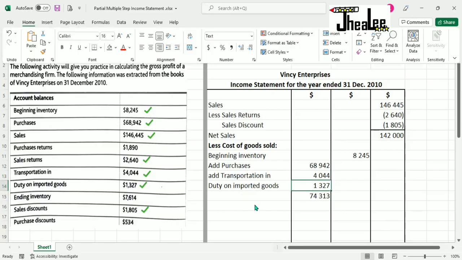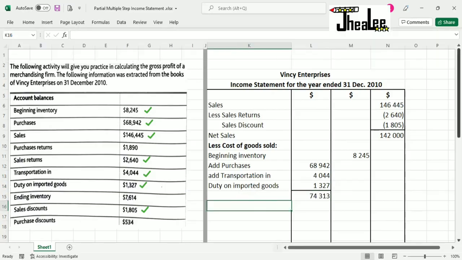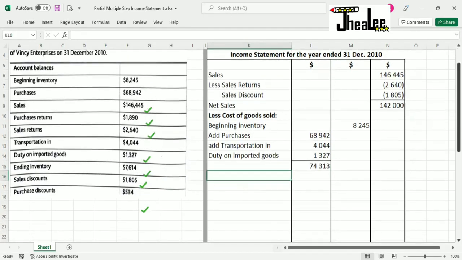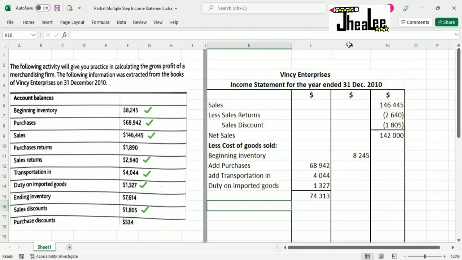Now, there are two items that may affect the value of purchases, and that's going to decrease the value of purchases, and we now need to look for those items. If they're in the question, we need to subtract them.